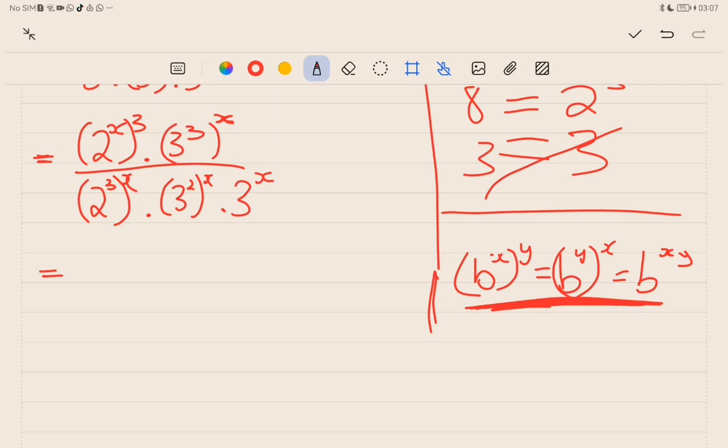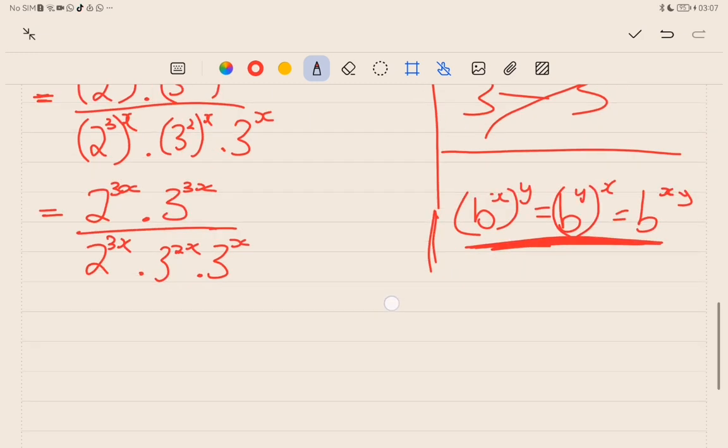So you're going to apply it. When you apply it, we get 2 to the exponent 3x because we have multiplied 3 by x. Then even here, same. Then here, same. Here, same. And this one just like this.